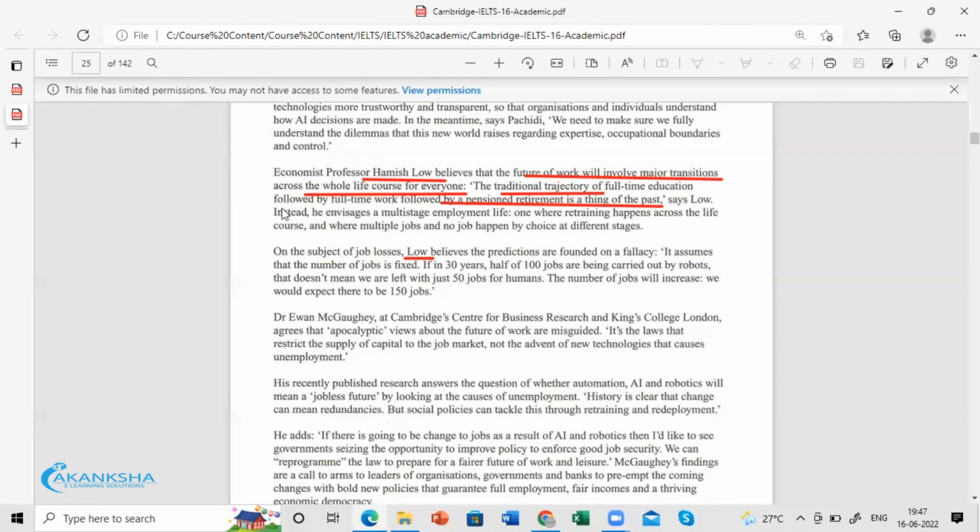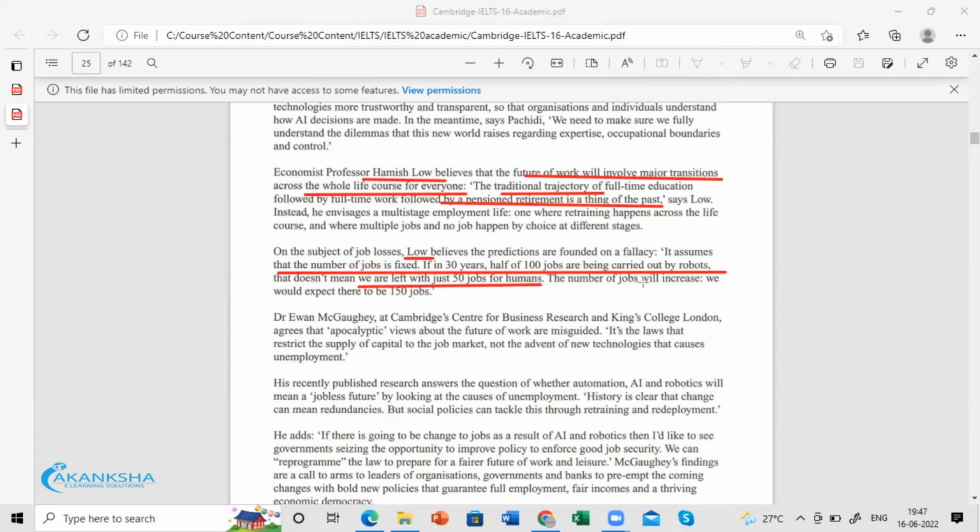And further he says that it assumes that the number of jobs is fixed. In 30 years, half of 100 jobs are being carried out by robots. That doesn't mean that we're left with just 50 jobs for humans.